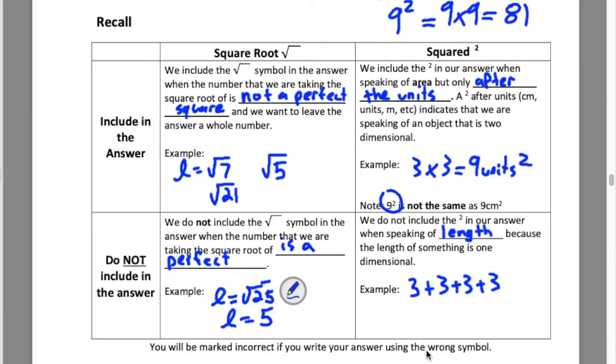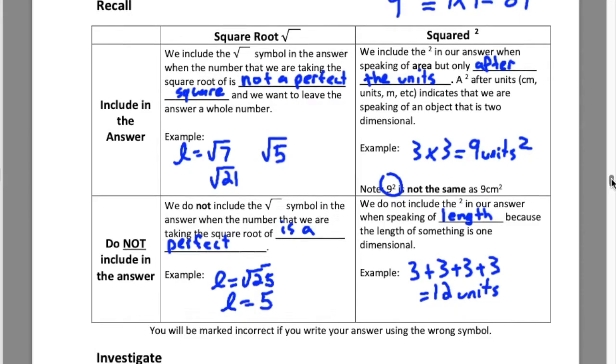So 3 plus 3 is 6, plus another 3 is 9, plus another 3 tells me I would have 12 units as a perimeter, but they are not squared because it's simply a lineal measurement. It's not two-dimensional. It's not an area. It's just the outside perimeter. Okay? All right. So very important stuff to remember.